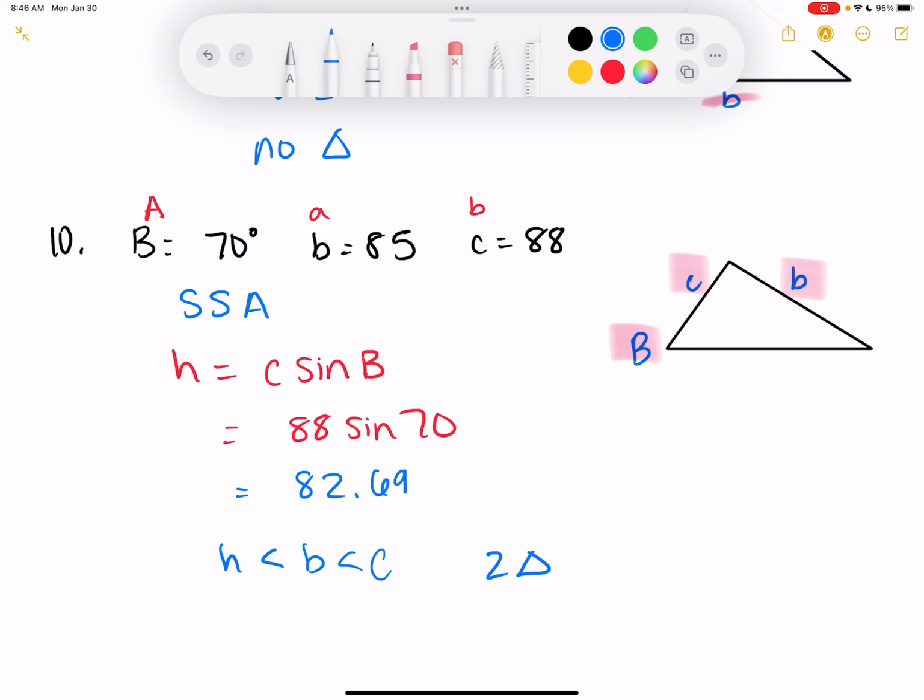On homework and stuff, if we relabeled it on the triangle as a little b, would it still be right, or do we need to keep the letters the same? I don't mind if you change them. Just be careful, because when we get to solving the triangle, we're solving for all the angles and all the sides, so it will get confusing if you change them.